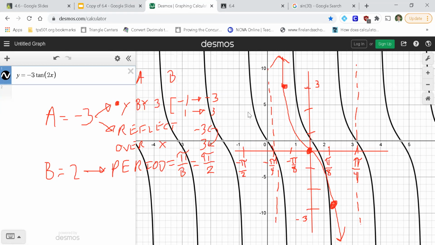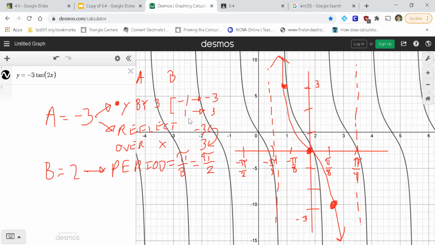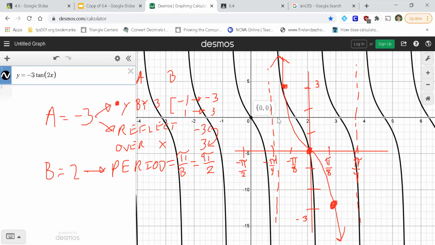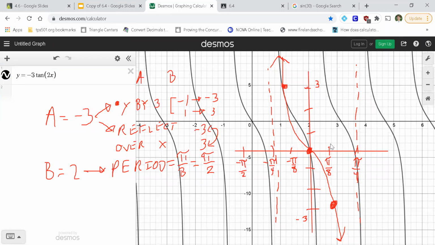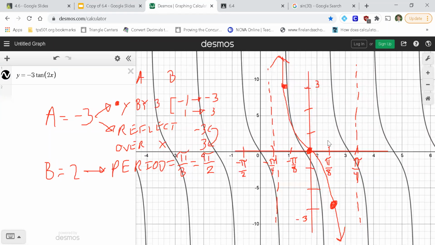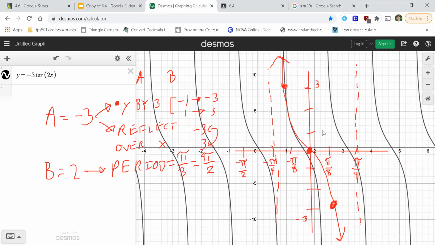So if I graph this in Desmos as -3 tangent of 2x, I could use that to find my intercepts and to check my graph. So yes, this has an intercept of 0, 0, and so did mine. What will be a little bit of a pain is it's not as easy to check the rest of your points, right?